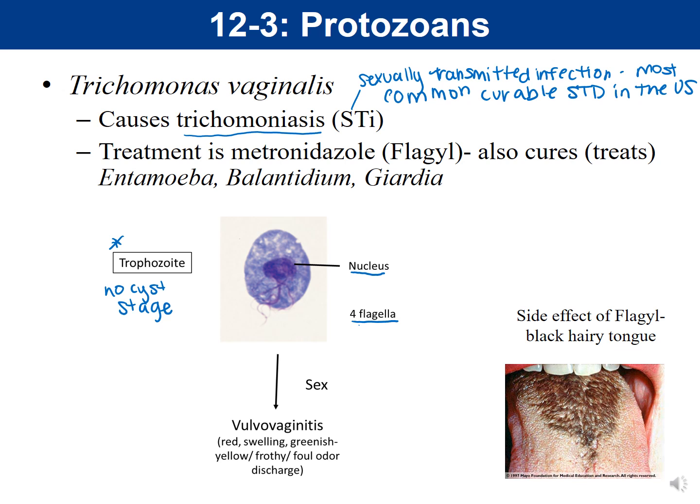And so that's what you're looking for in Trichomonas. So Trichomonas has only a troph stage, but it does not have a cyst stage. So you can probably guess what the infectious stage is, right? The infectious stage is going to be the troph. So this is infectious.